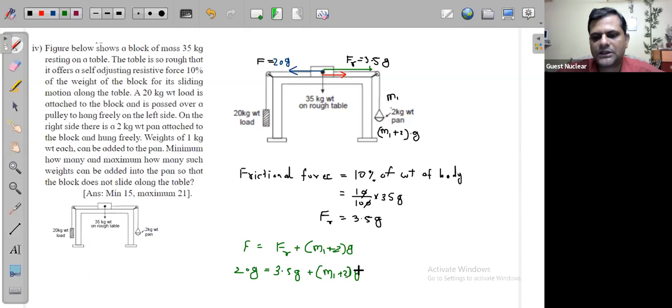Here we can just note that g is present in every term, so we can just get rid of that by dividing by g and get this as 20, which is equal to 3.5 plus m1 + 2 only.